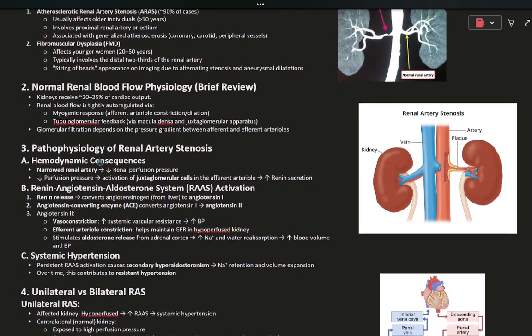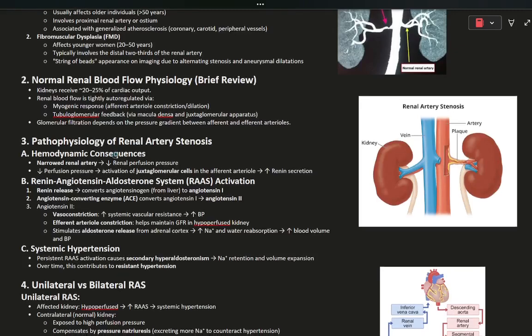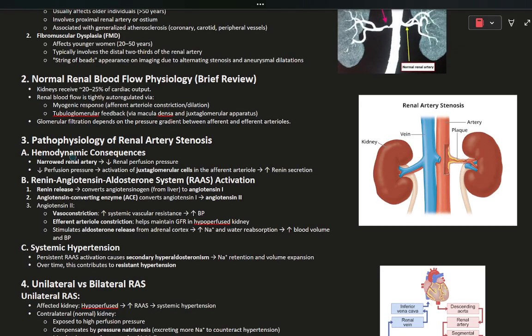Okay, and then let's talk about the pathophysiology of renal artery stenosis. So, first we have some hemodynamic consequences to think about. Specifically, when the renal artery is narrowed, this is going to lead to decreased renal perfusion pressure. And the decreased renal perfusion pressure is going to activate the juxtaglomerular cells in the afferent arteriole.